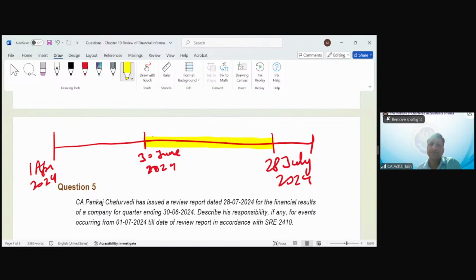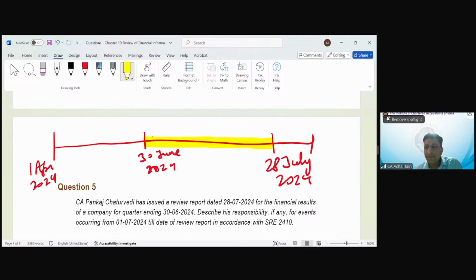Yes, he has to inquire with the management. If there is a material impact and it is uncorrected, then he will bring it into the report. Okay.